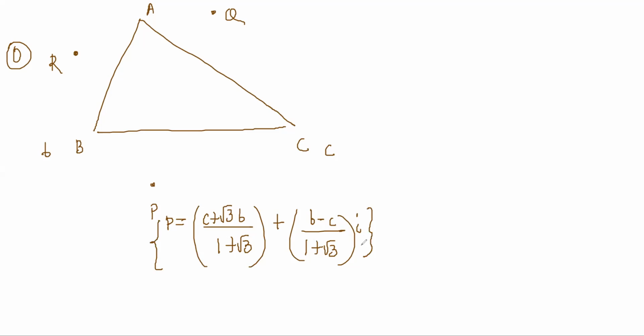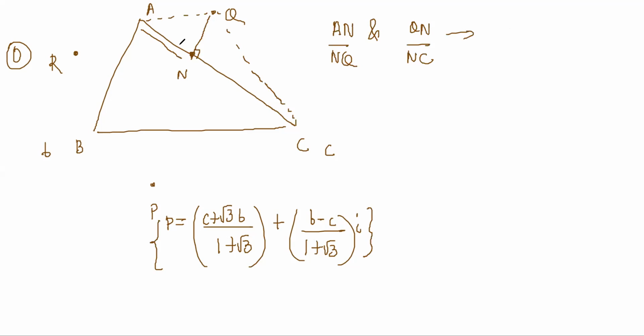In a similar way, we'll be able to find Q also, right? So right now, I don't want to do the calculations. I'll just write in a similar way: drop a perpendicular from here, and find the ratios AN by NQ and QN by NC. These ratios you know by trigonometry, right? Because of the angles, you know, no?